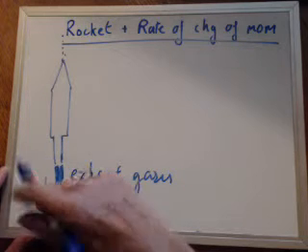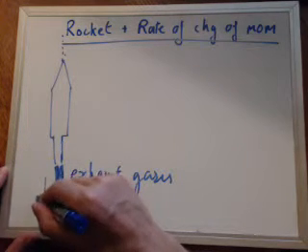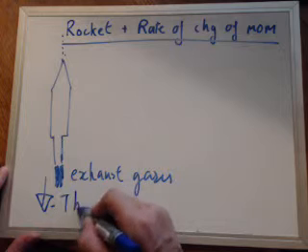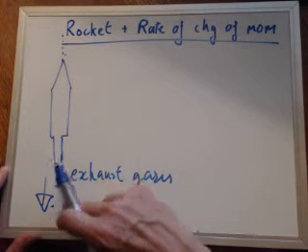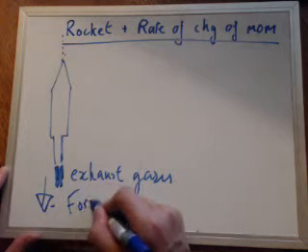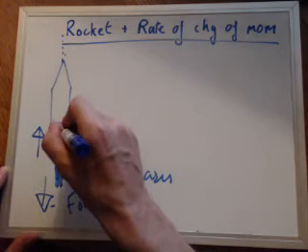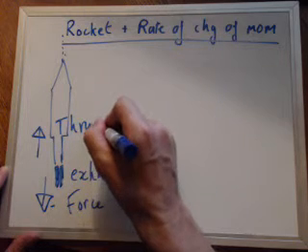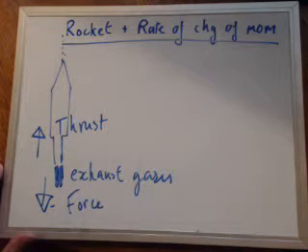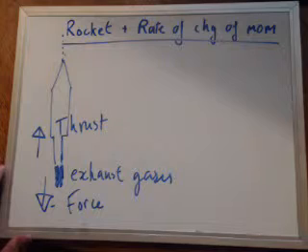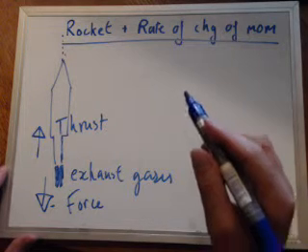What is this force causing the thrust? So you've got a force here, which causes a thrust in the rocket here. Okay, now let's have a look at the second law.